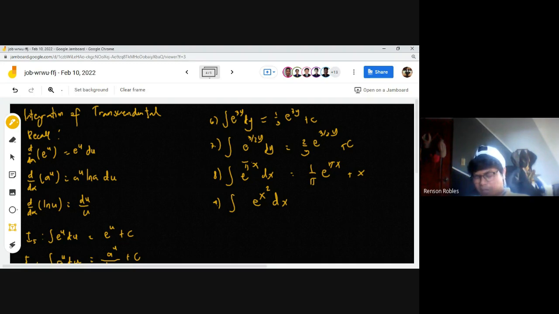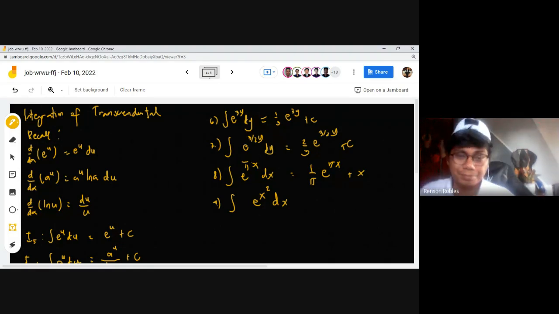Do you have any thought? Anyone? Can we integrate this, e to the x squared dx? What is needed?